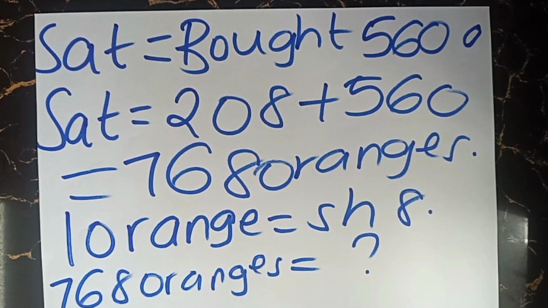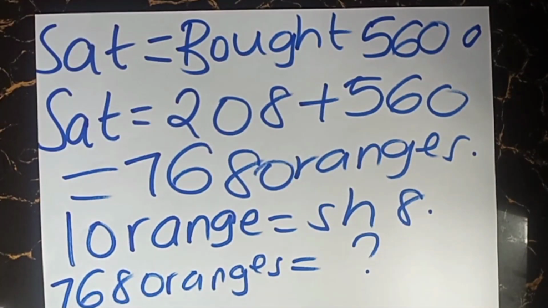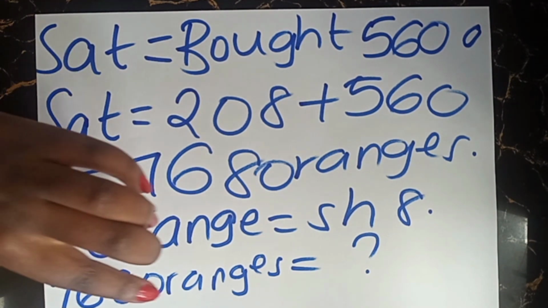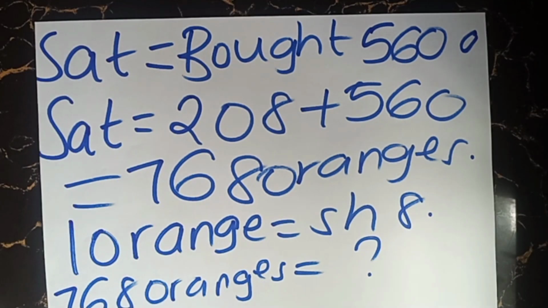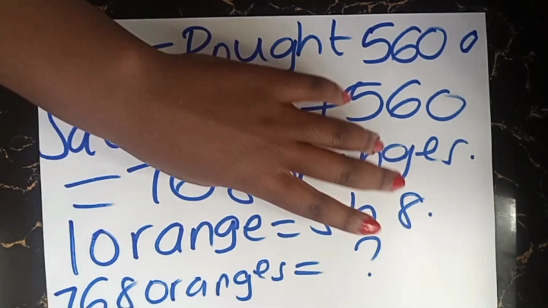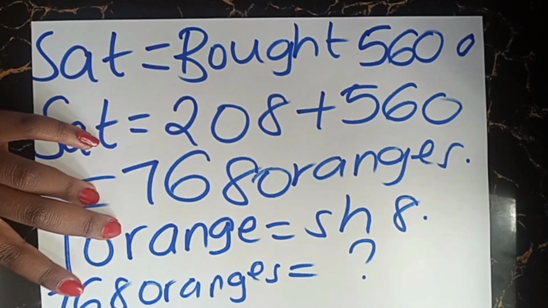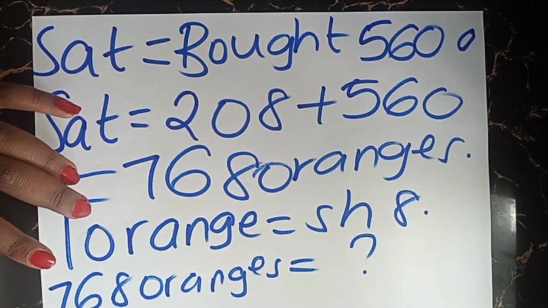So the best way to answer these questions is to reason them out, okay? So ask yourself, if one orange costs 8 shillings, will 768 oranges cost more or less? If the answer is more, we'll multiply 8 shillings by the larger number, and divide by the smaller number.